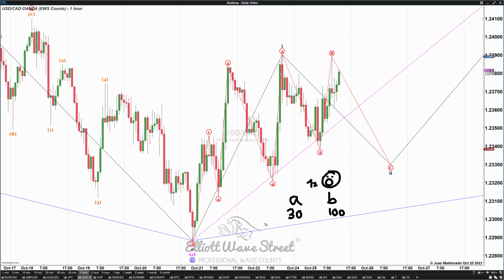So once trader A reaches 1-to-1, it's 30 pips. But trader B needs 100 pips to reach his 1-to-1. So that's crazy. And usually what trader B ends up doing is taking profits at 50 pips, for example.